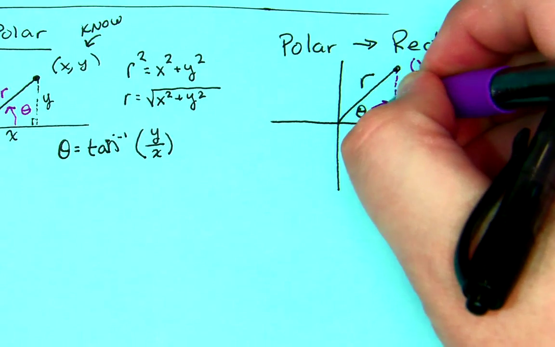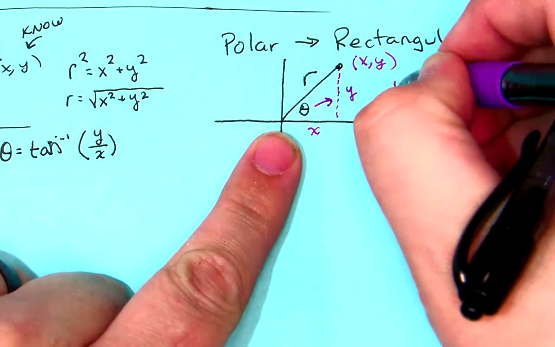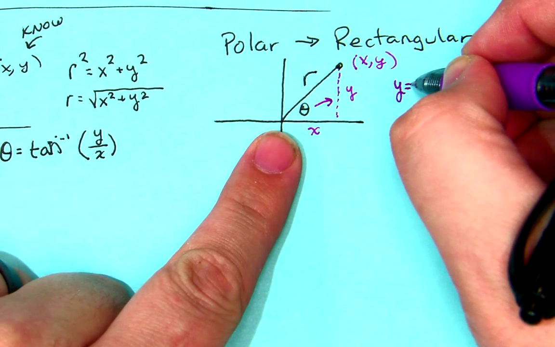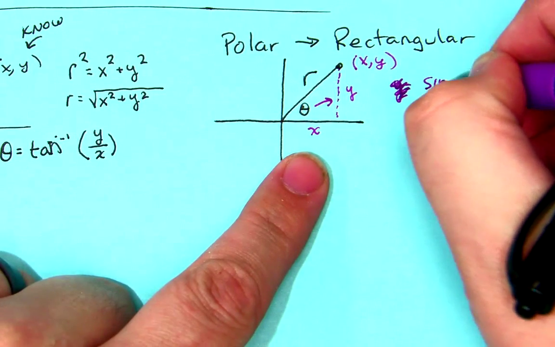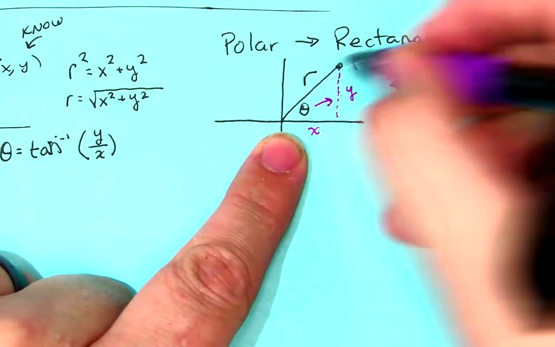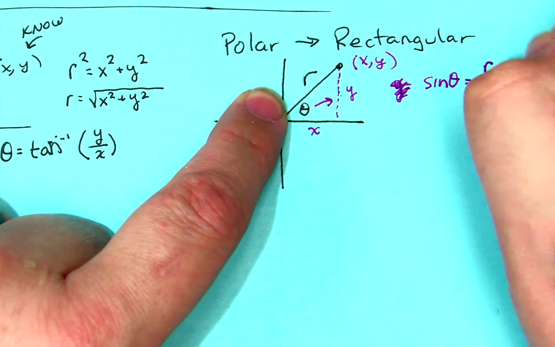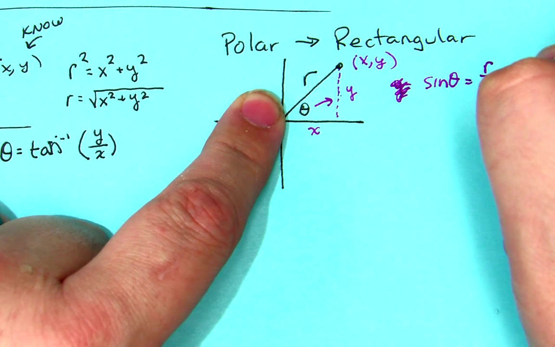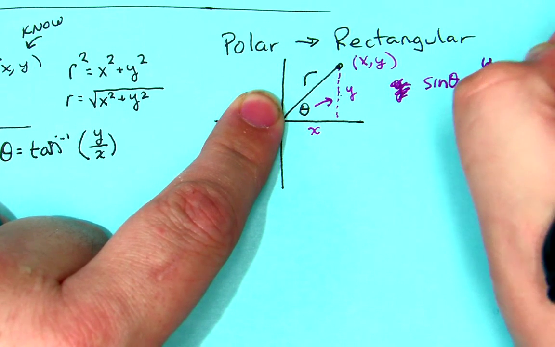Now, that's an opposite side, so in order to find y, we'll just say sine theta, because that's the opposite, and I know the hypotenuse is r. Sine theta is equal to y over r.